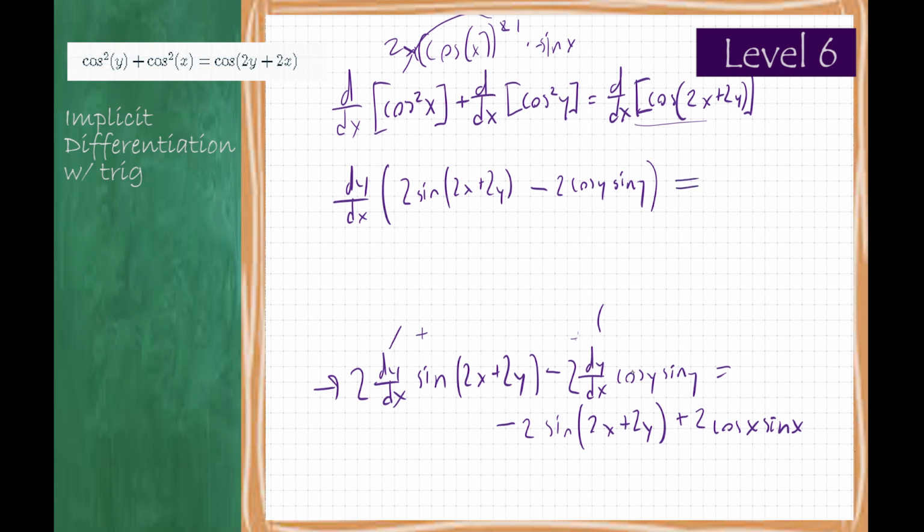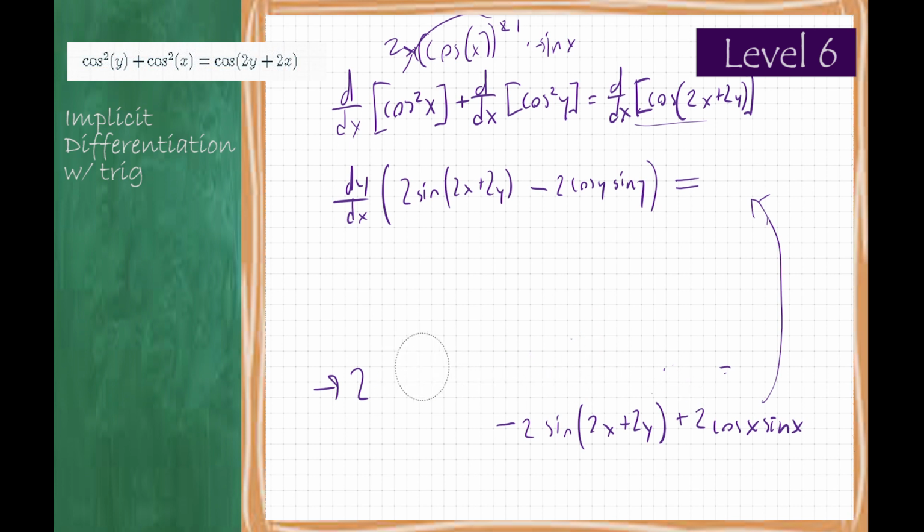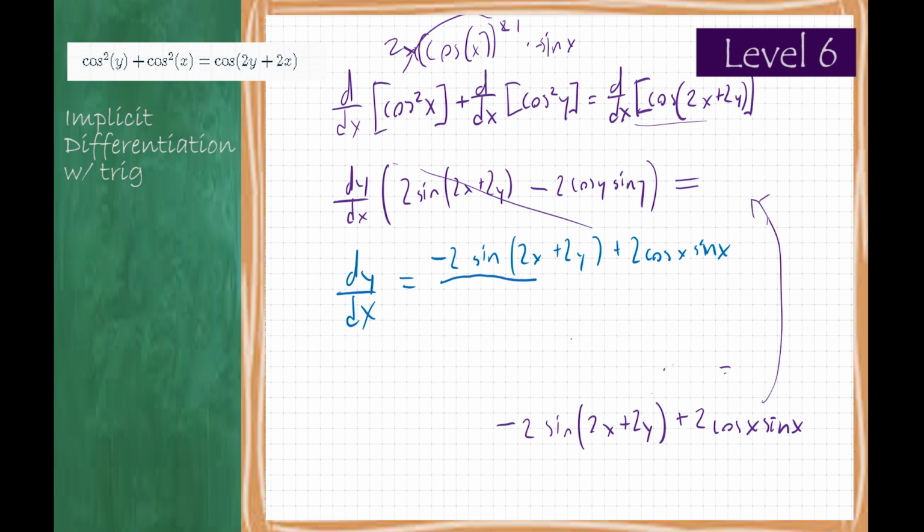Not much room here, I'm gonna have to erase quite a bit. So now when we divide, we'll also be able to simplify the 2's, but it will be equal to the negative 2 sine of 2x plus 2y plus 2 cosine x sine x all over 2 sine 2x plus 2y minus 2 cosine y sine y.